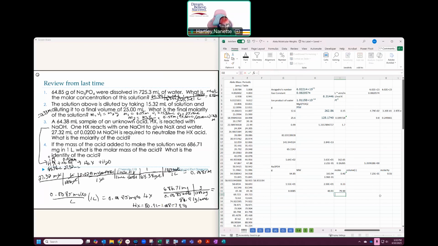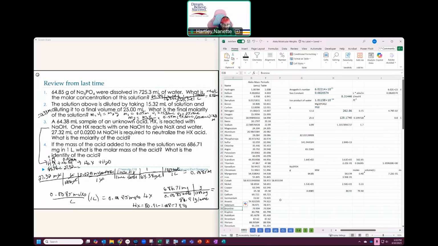So I need to look at my periodic table and see what has a mass that's approximately 79.90. And I see that there's something that's roughly 79.90 right here. If I look to see what that is, that's bromine.